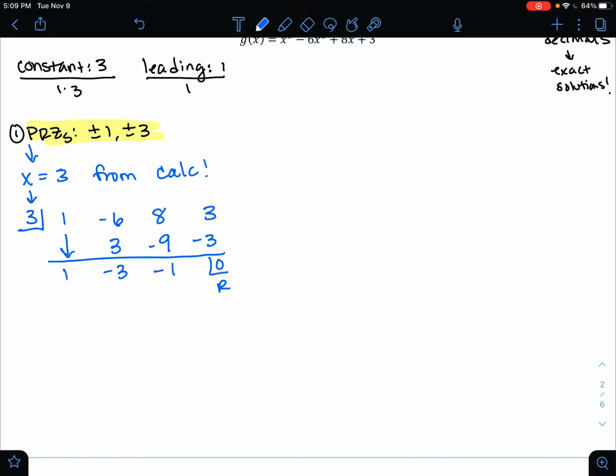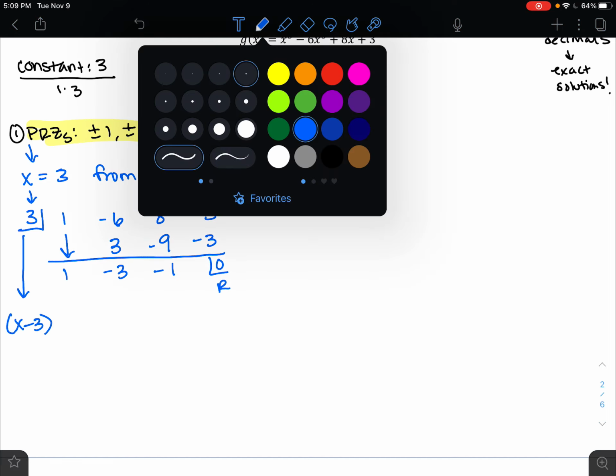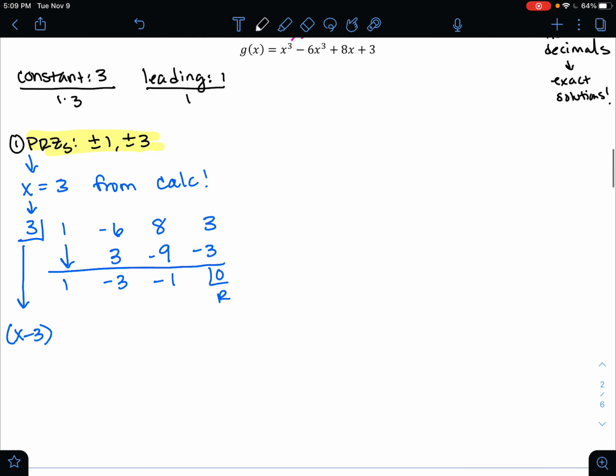So if 3 is a 0, then that means that x minus 3 is a factor. We started with x cubed, so this is x squared, x to the 1st, and x to the 0th power. So this factor is 1x squared minus 3x minus 1. We always want to factor completely. X minus 3 is a linear factor.